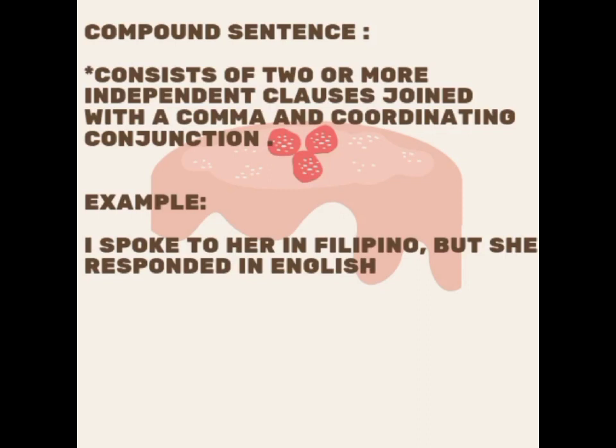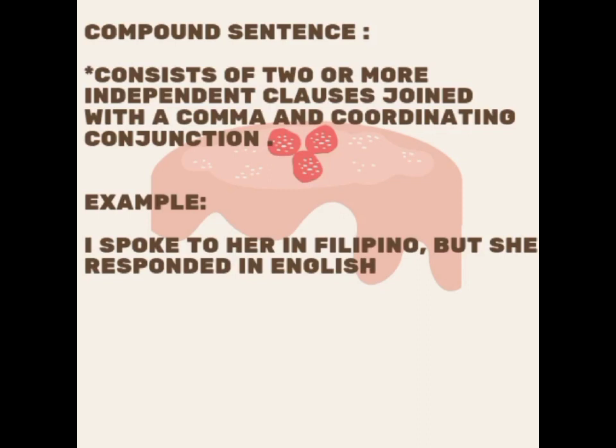For example, I spoke to her in Filipino, but she responded in English. Now let us examine this sentence. What do you think are the two independent clauses? First, our independent clause is I spoke to her in Filipino. Why? Because it expresses a complete thought, and it has a subject and predicate.